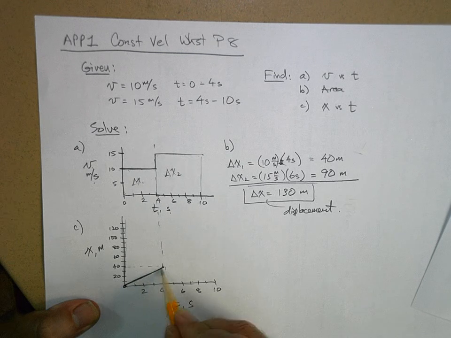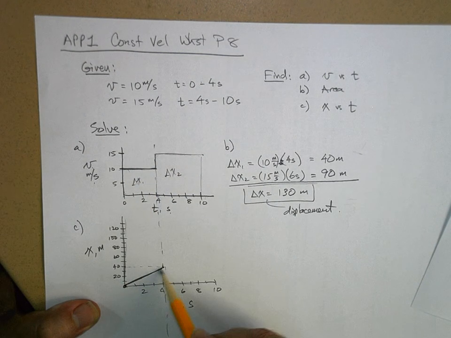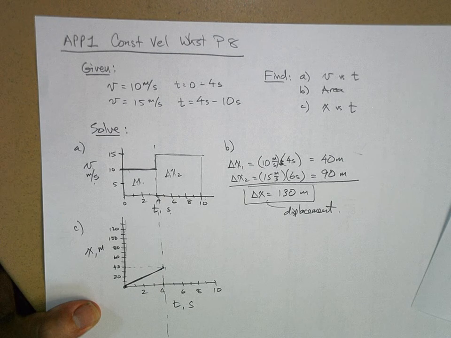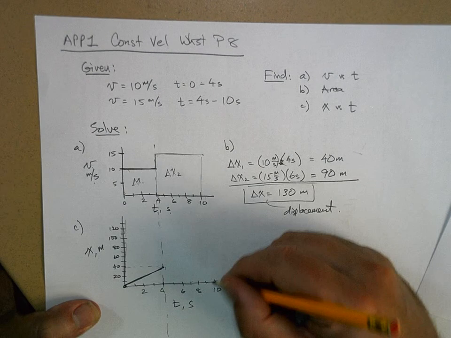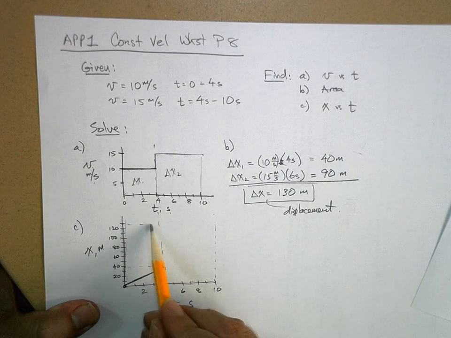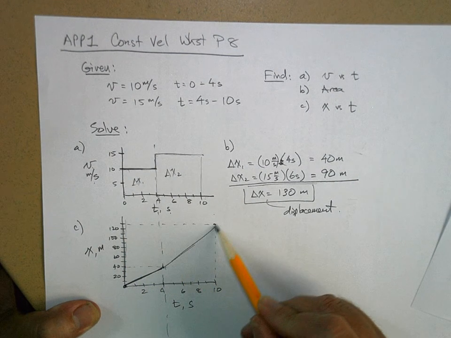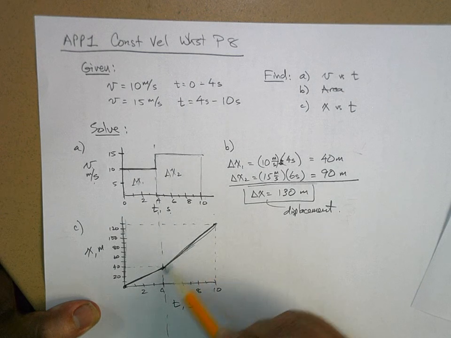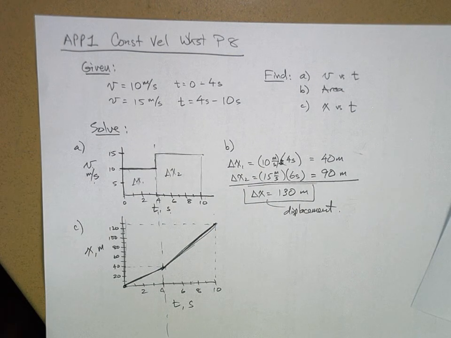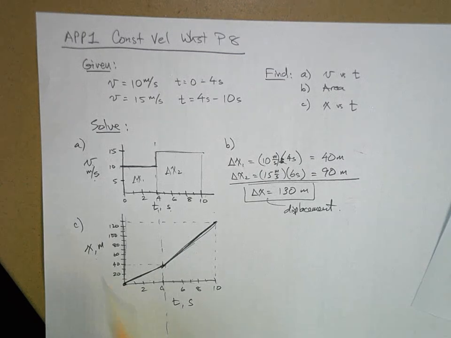So this has to be a straight line. Because this is a constant velocity, that means this has to be a straight, constant slope. And then at 10 seconds, we're all the way up at 130. So you draw another straight line like this. I really wanted to see 2 straight lines with labels and all that.